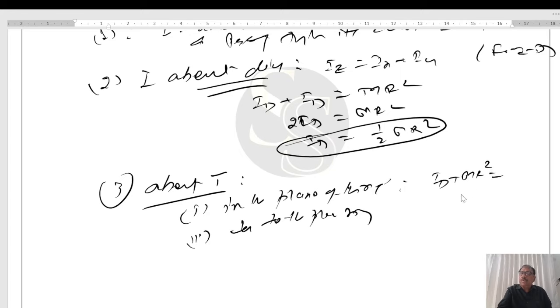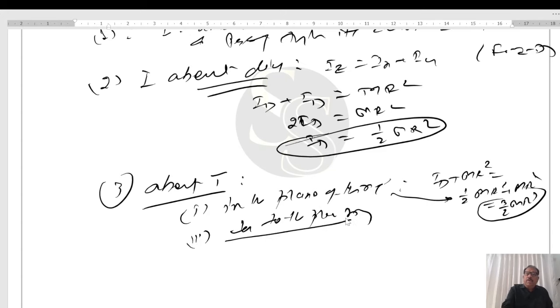That is 1/2 mr square plus mr square. That is 3/2 mr square. This is about tangent. Perpendicular, if it is perpendicular, then mr square plus mr square. That is twice mr square.